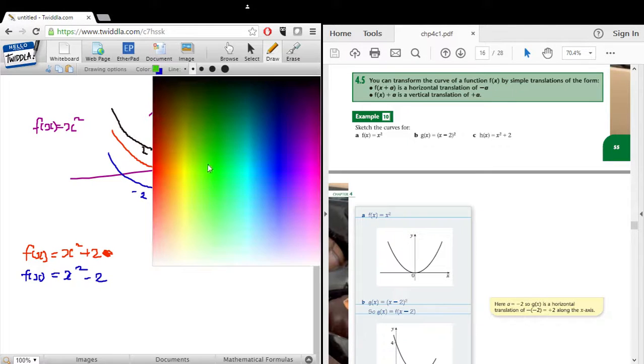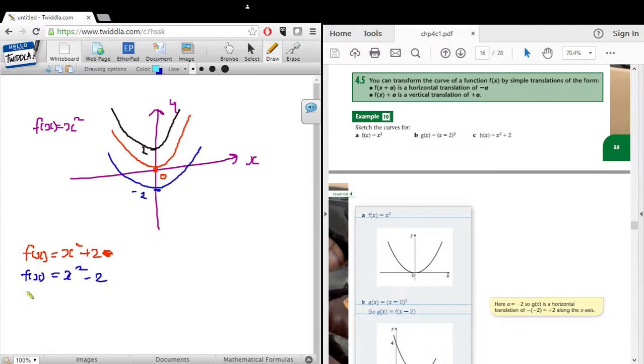If we had, in another example, f(x) equals (x minus 2) squared, then we would have the negative give us a shift to the right. So we would have, for example, starting at 2. And then finally, if we had f(x) equals (x plus 2) squared, shifted to the left, we would have something like this, minus 2.